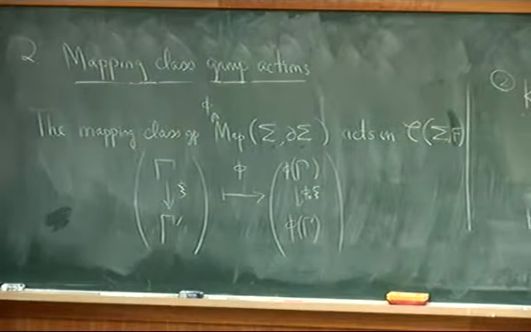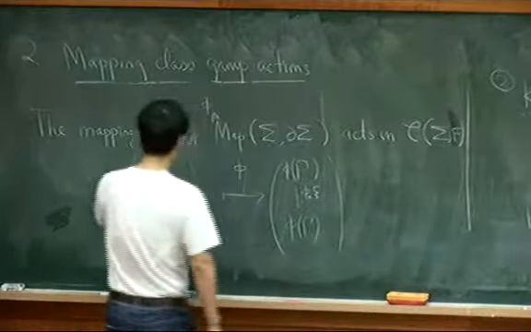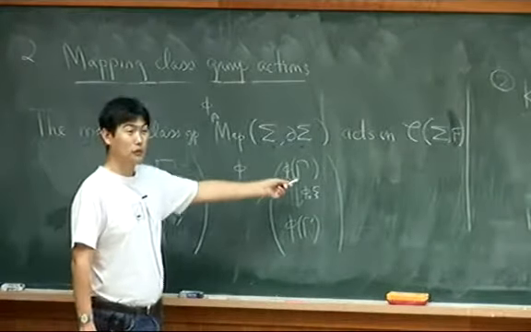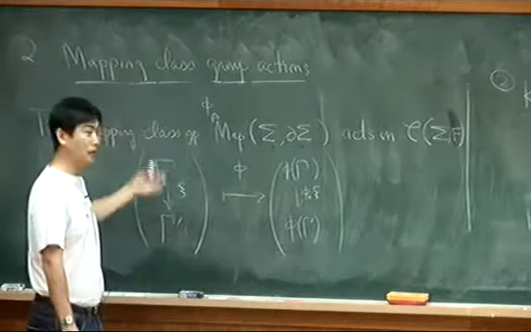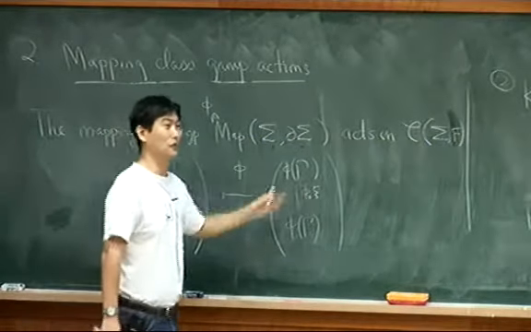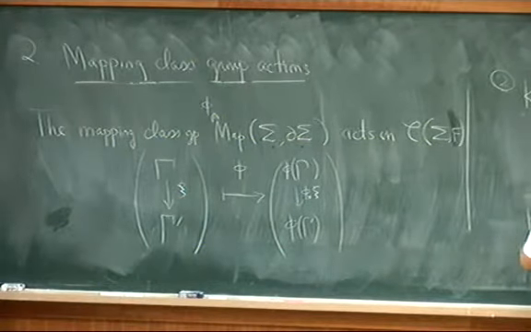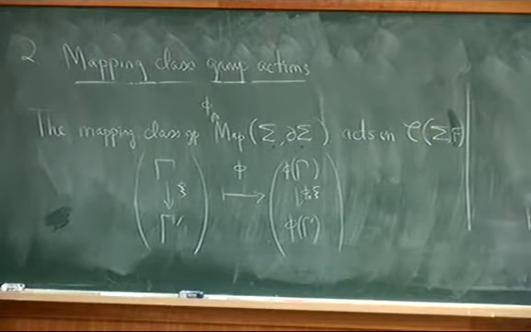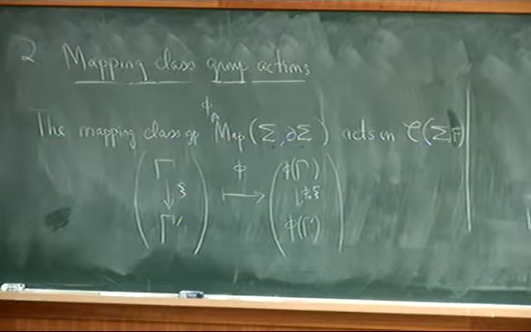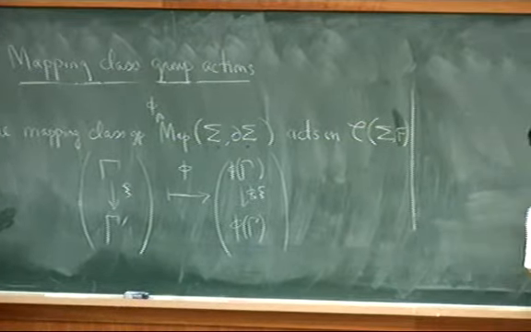So this is pretty straightforward. Given a curve, you can send it to phi of gamma, and given a contact structure, you can send it to phi of it. Okay, so there's a completely natural action on the category, and then, what does it descend to?